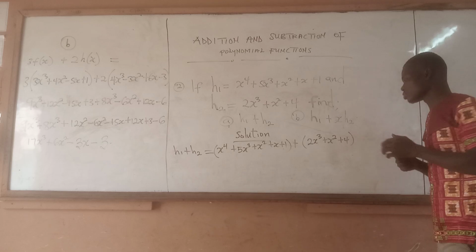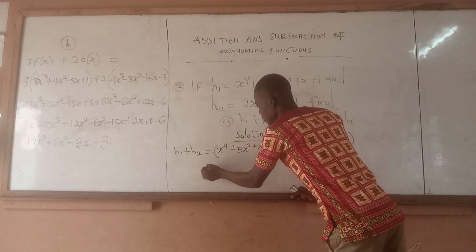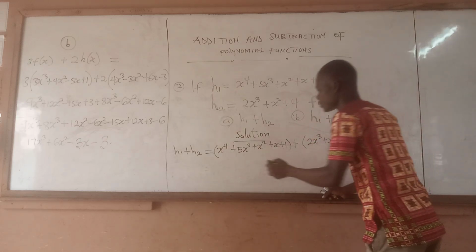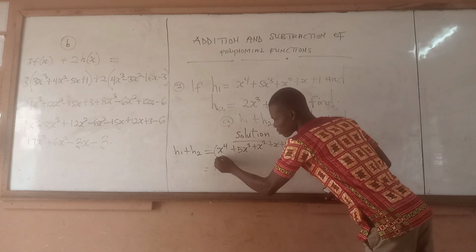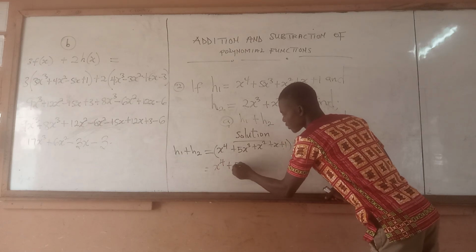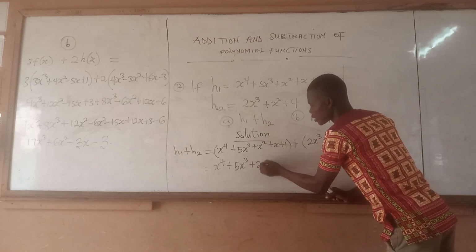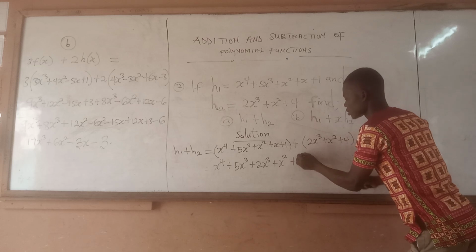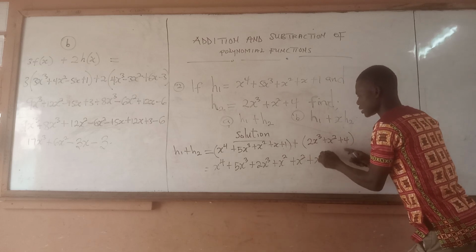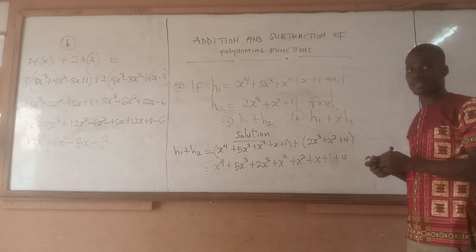So on this note, let's do the like terms. Power 4, there's no power 4 in h2, so let's write our power 4 like that. Plus 5s cubed. We have another cube here which is 2s cubed. Plus s squared. We have another square here. Plus s, there's no s here. Plus 1 plus 4. So now this is how to do the like terms.